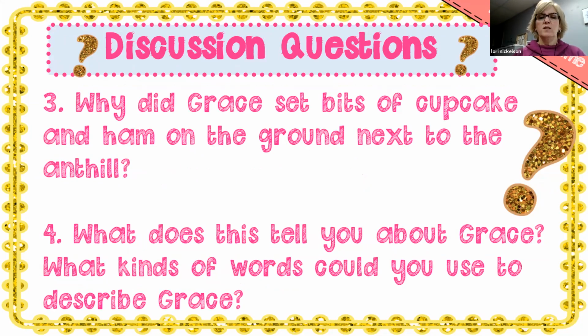Number 4, what does this tell you about Grace? What kind of words would you use to describe Grace? I think she's a kind person, don't you? She cares about others, cares about animals, doesn't she? It's like she couldn't hurt anything. So she's a very kind-hearted person. Okay.